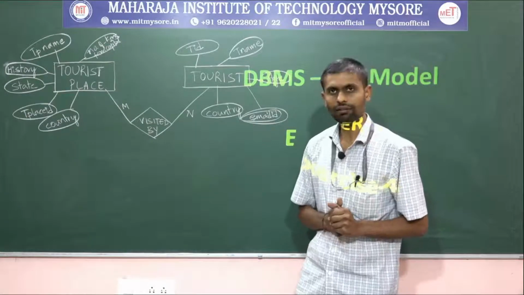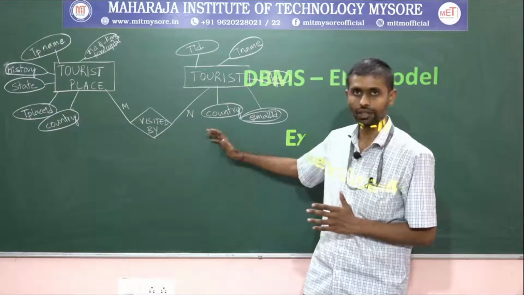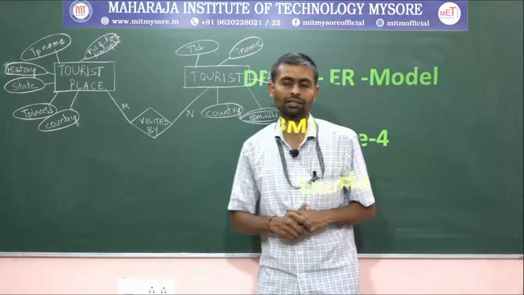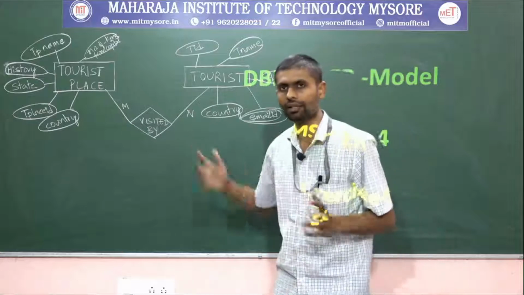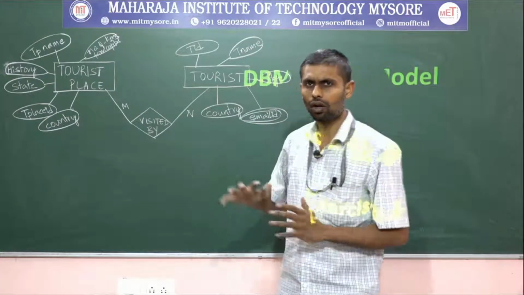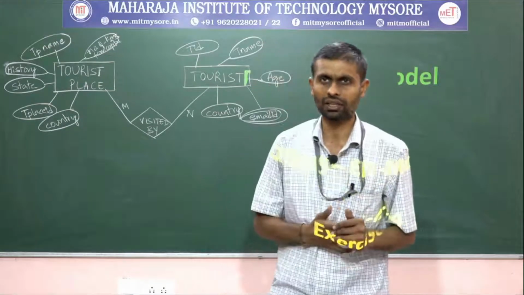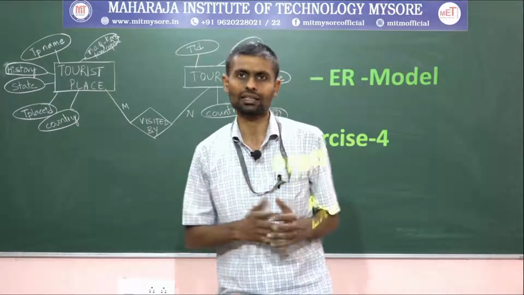Now, before converting this into a relational schema, we'll recall the story behind this ER diagram, guys. The story behind this ER diagram is all about tourist places, and on which date the tourist visited which place. So those things we want to record.